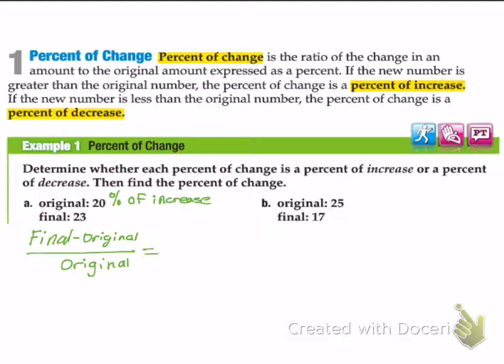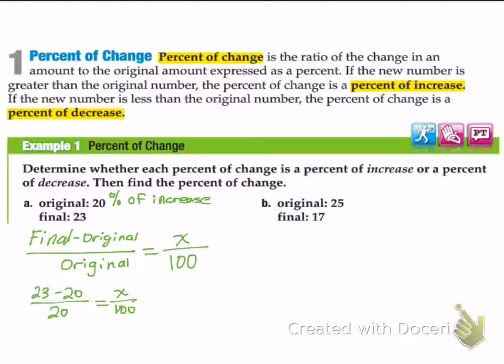And since we're dealing with percents, the original 20 is 100%, and we're looking for the percent of change, so that's the variable x. If we fill this in, we have the final, 23, minus the original, 20, over the original, 20, equals x over 100. Then you could just go ahead and solve it.